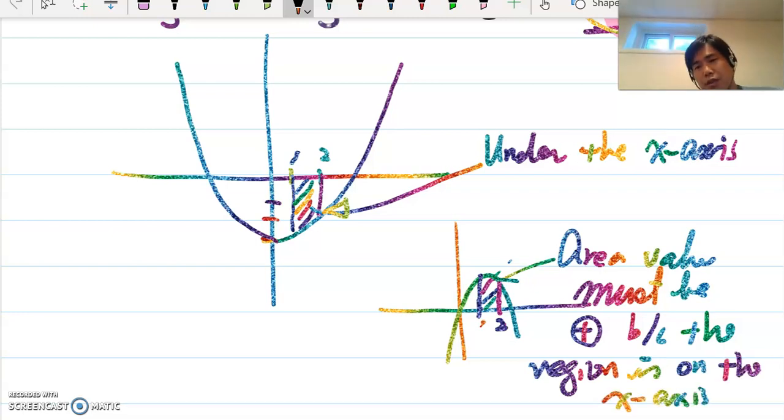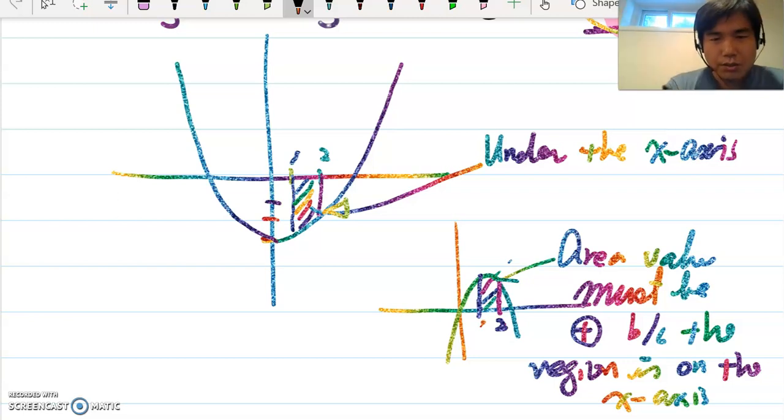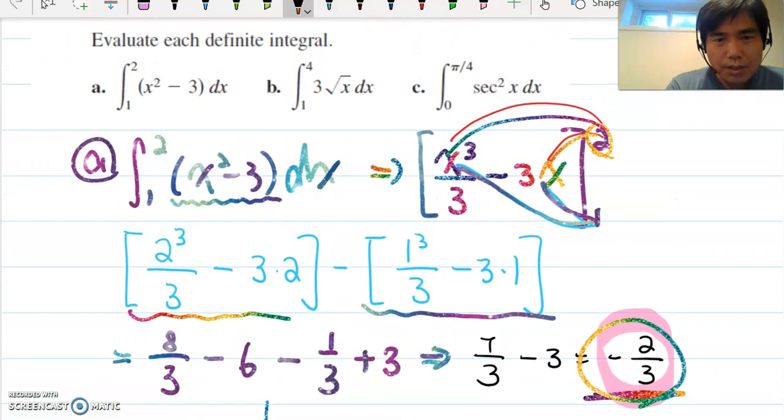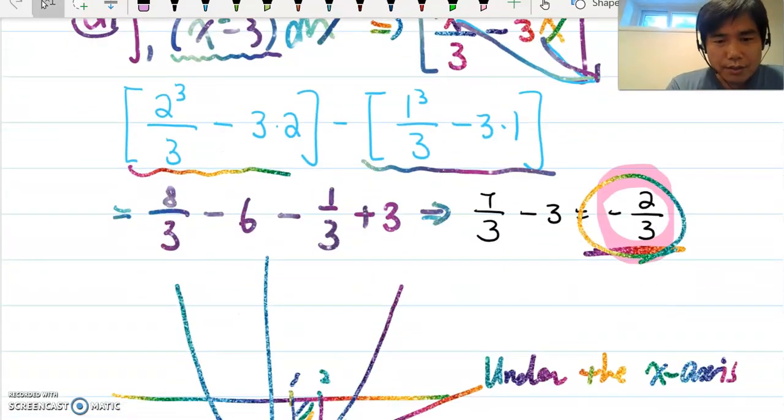So that's the difference here. Even though you got a negative value, don't be freaked out. It just implies that the region is below the axis. That's why I got a negative area value. That's all.